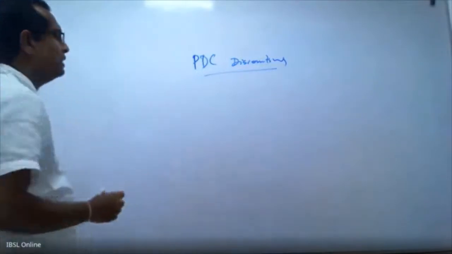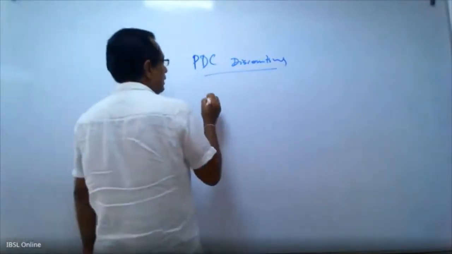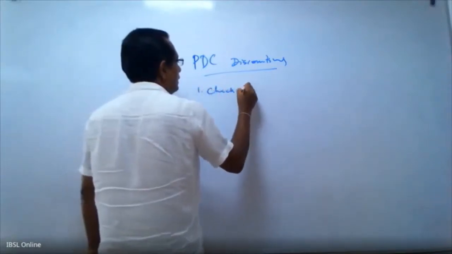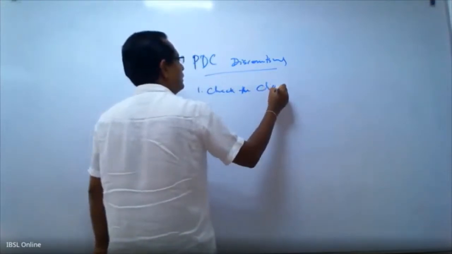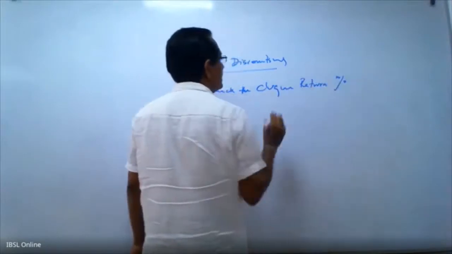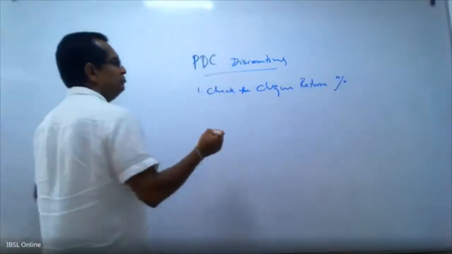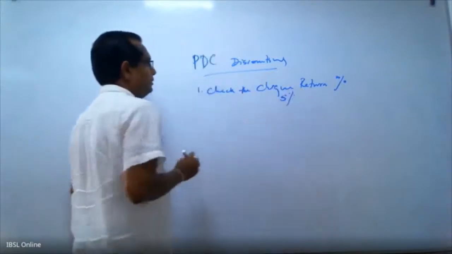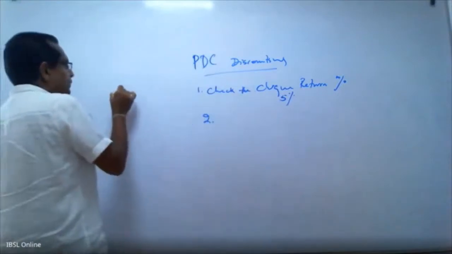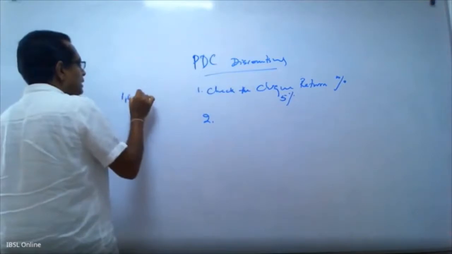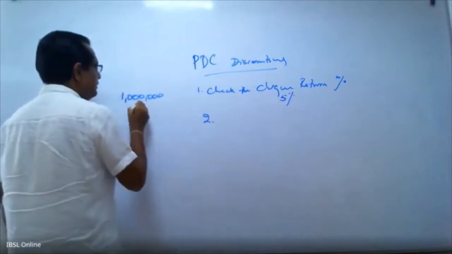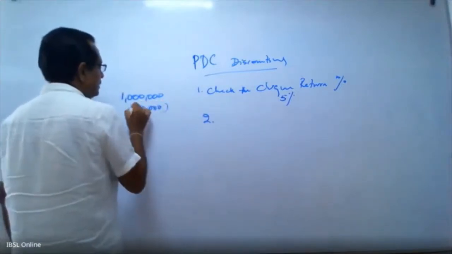We do few things. We check the check return percentage. Right? We say 5%. Then we take, what does this mean? If you give 1 million checks, we assume that 50,000 checks will get returned, right?